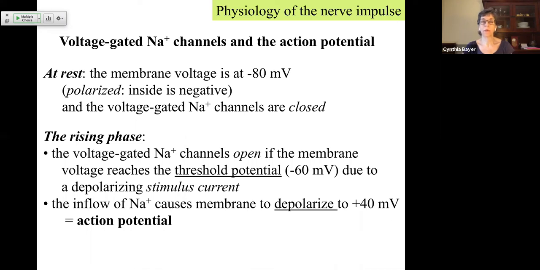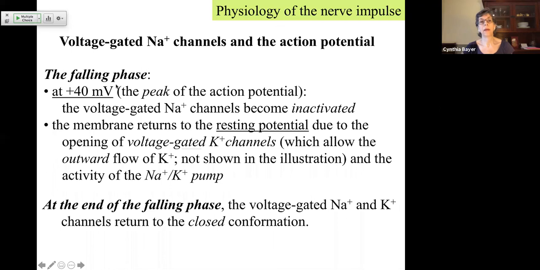More sodium ions enter the cell. The membrane continues to depolarize until it reaches its peak of depolarization, plus 40. So we have this membrane potential at rest. The membrane potential is rising, becoming more positive. And then once it reaches its peak, it falls again.